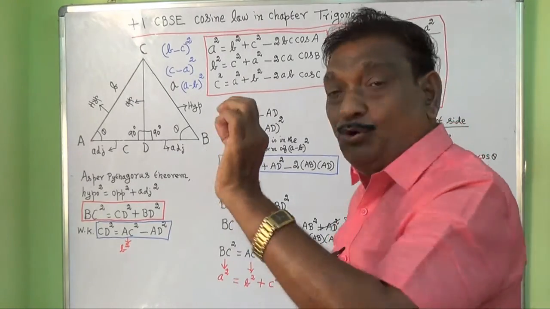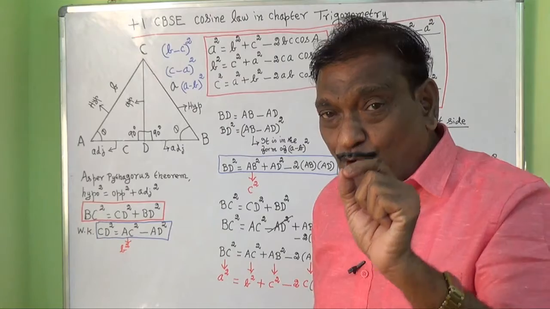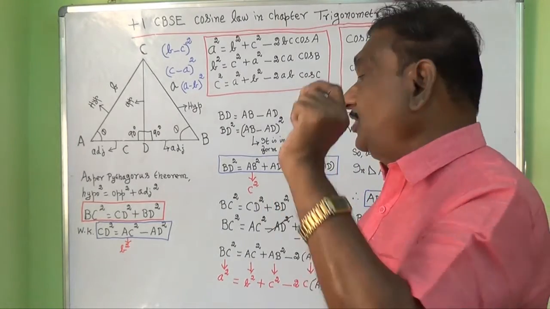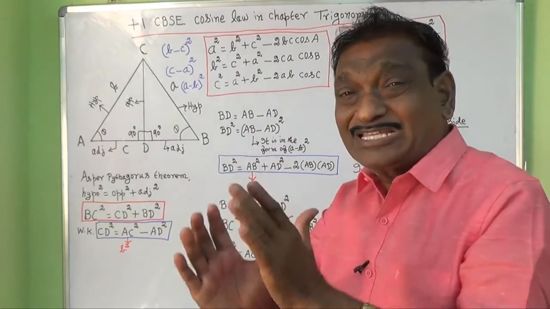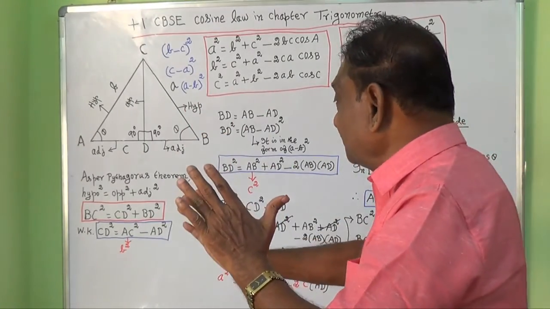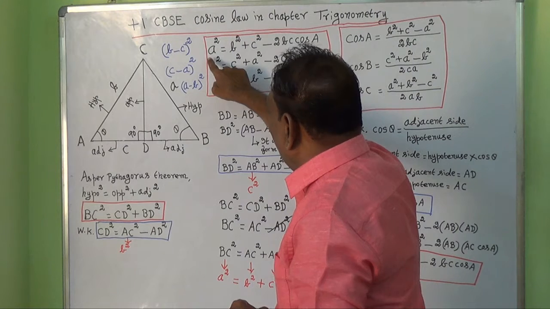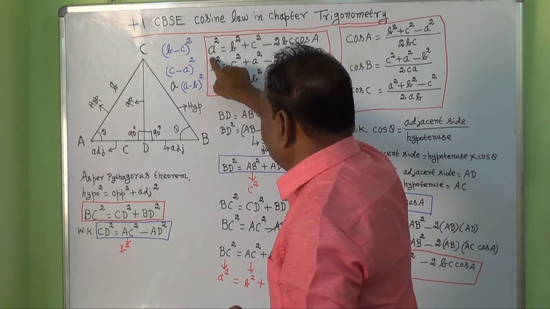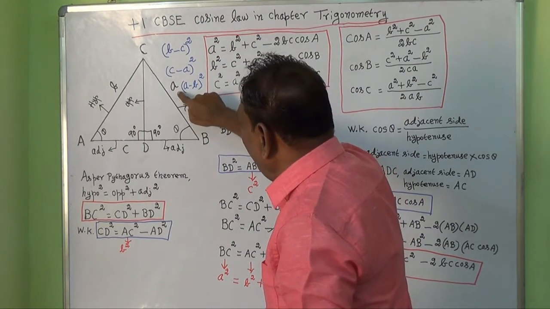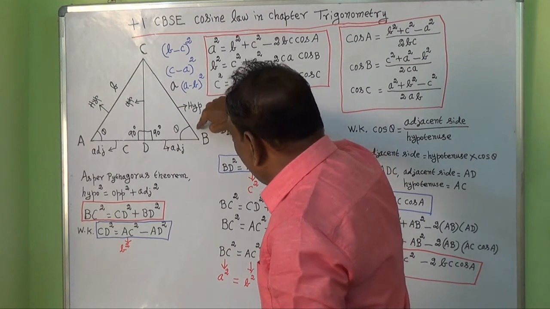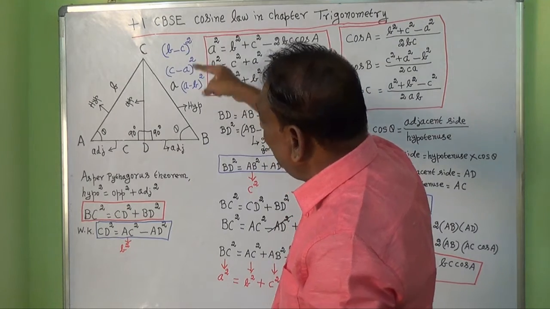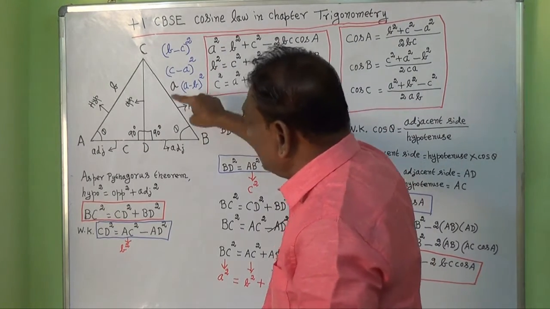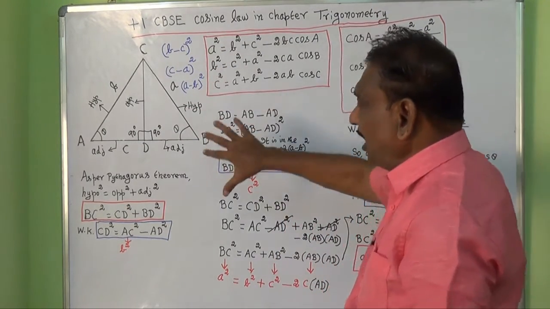We are well aware that as per the Pythagoras theorem, the hypotenuse square equal to opposite side square plus adjacent side square. We are going to find a square. The side a represents the side BC. The BC forms the hypotenuse of this right side right-angled triangle.